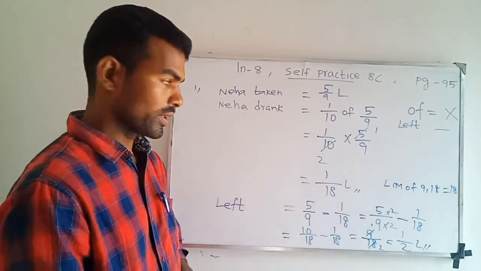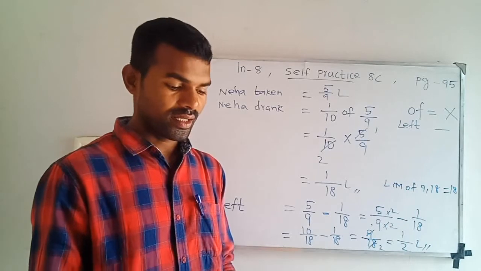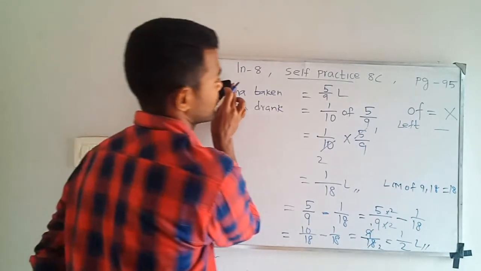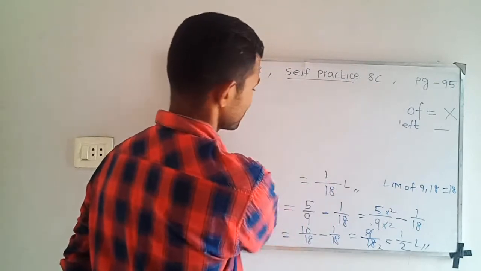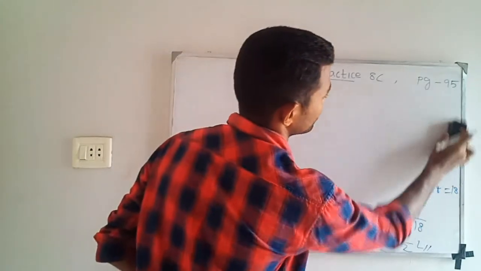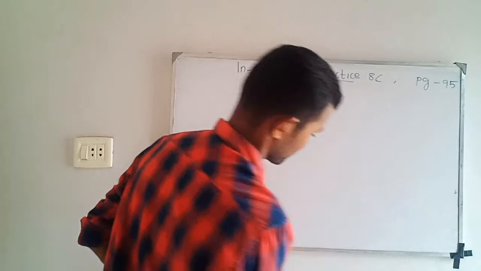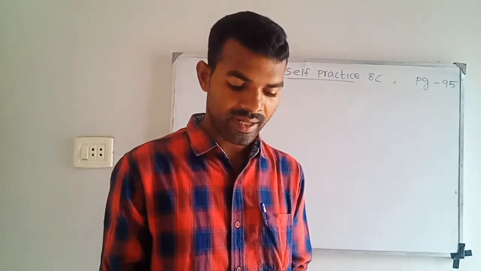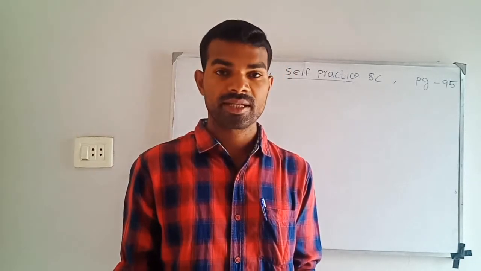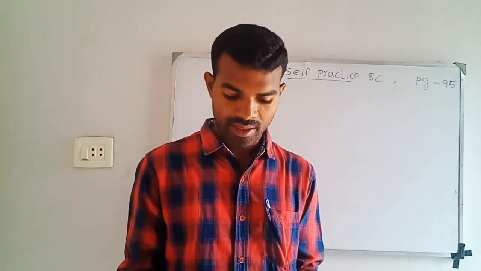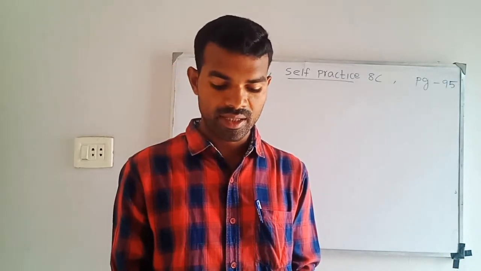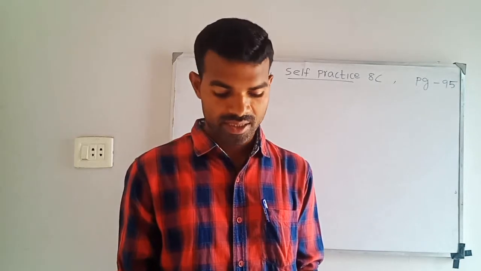Next, let us do the next problem solving. Second problem solving. 1/4 of the students of a class are in the animation club. 2 by 5 of these students are taking part in the movie making competition.